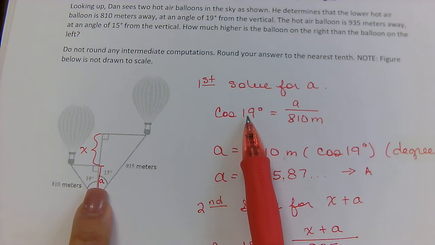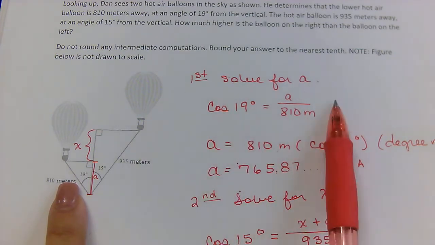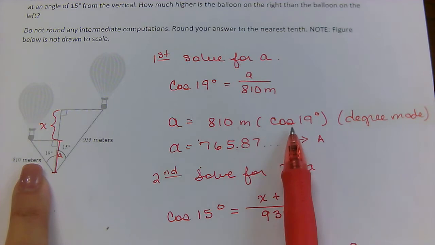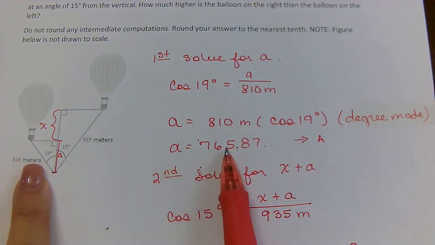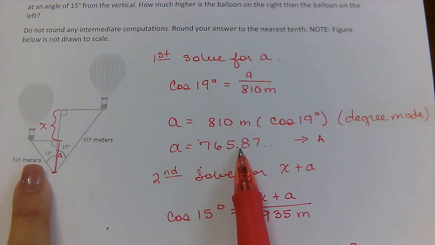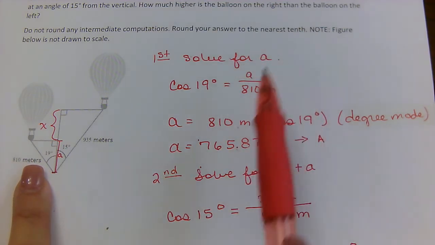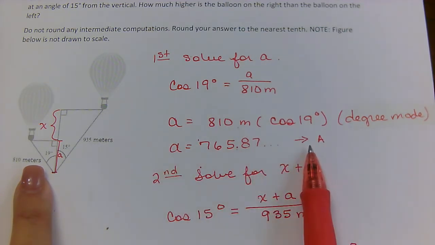Cosine of 19 degrees is equal to a over hypotenuse, which is 810 meters. Multiply both sides by 810, and I get a is equal to 810 cosine 19 degrees. Make sure you're in degree mode, and you get a is equal to 765.87. It says here round to the nearest 10. All I did here was store this exact value into a.